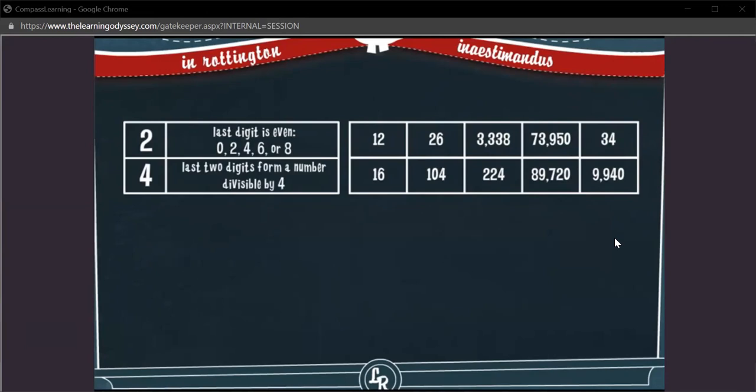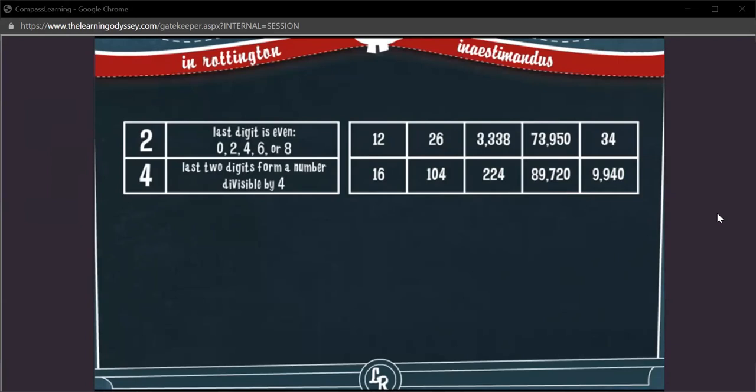That means you can ignore all the numbers except the last 2. 16, 104, 224, 89,720, and 9,940. These are all divisible by 4 because the last 2 digits form numbers that are divisible by 4.